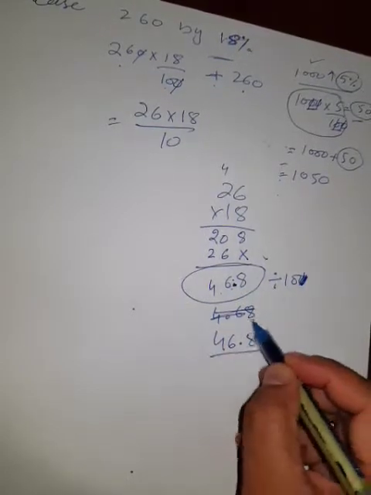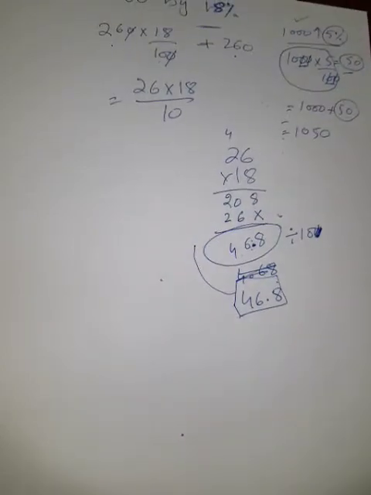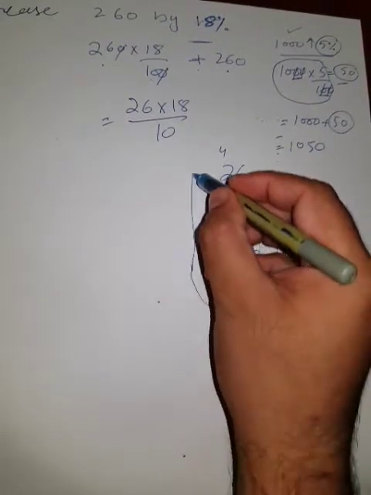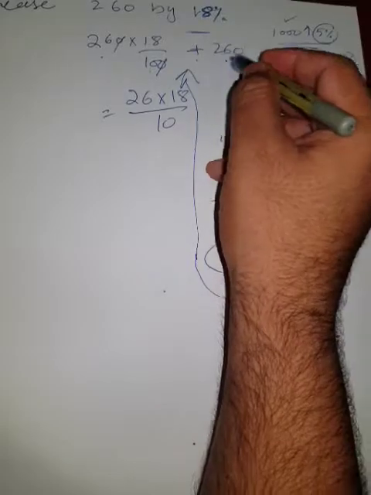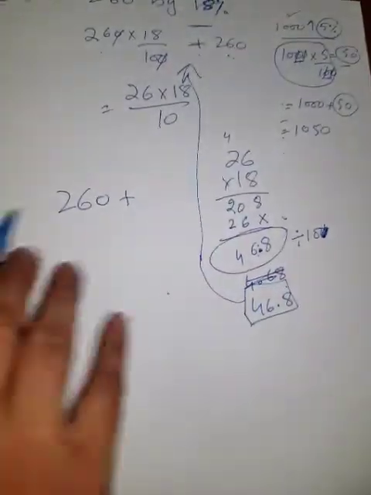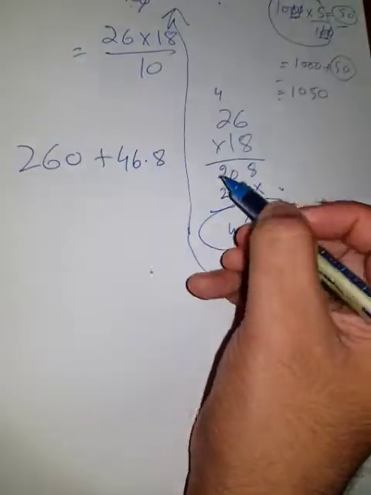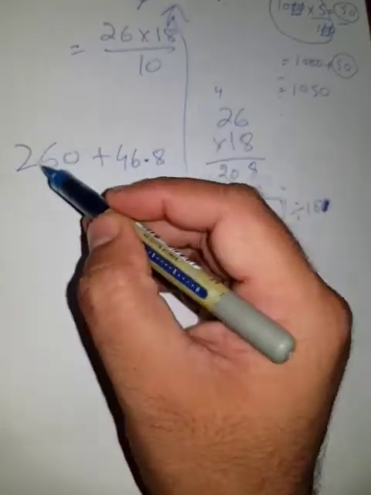Now with 46.8, I have to do what? I have to go back to my principal amount, which is up here. And I will say, okay, I'm going to add this value with 260. So 260 plus 46.8, which makes what? Now again, a decimal number added to a whole number.